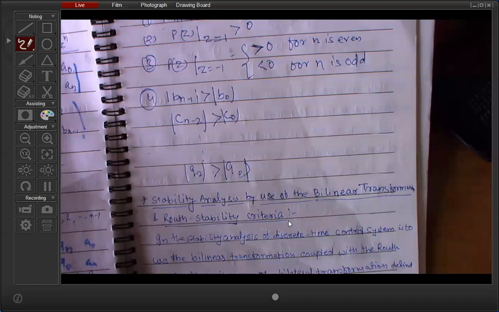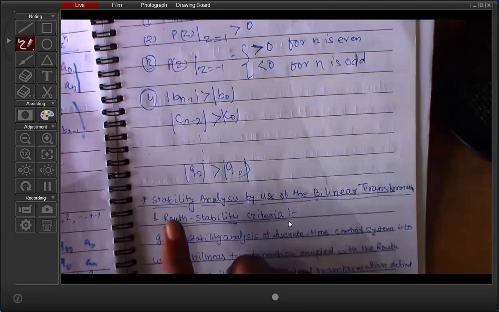Jury stability criteria gives information regarding whether the system is stable or unstable, but does not give the total. If the system is unstable, then how many roots of the characteristic equation are within the unit circle and how many are outside the unit circle.